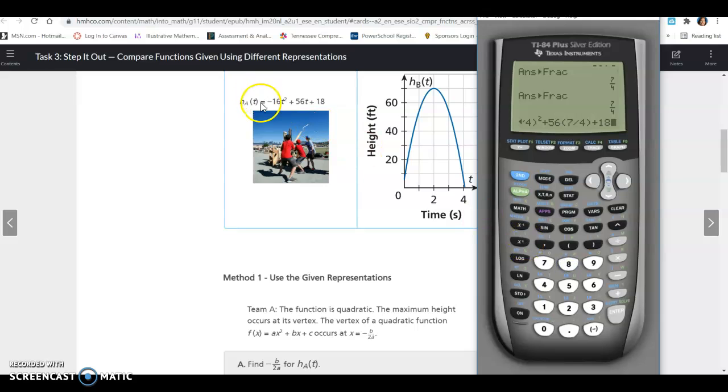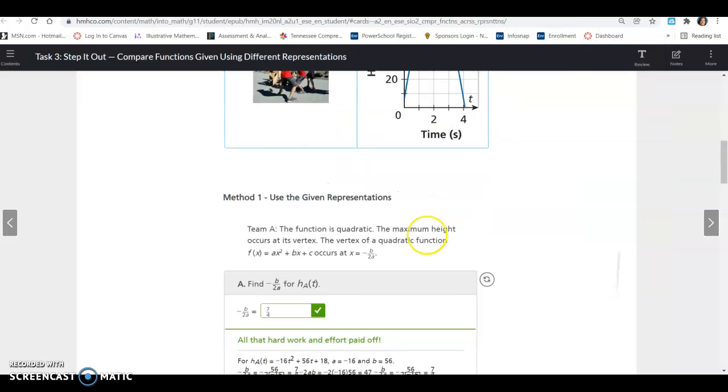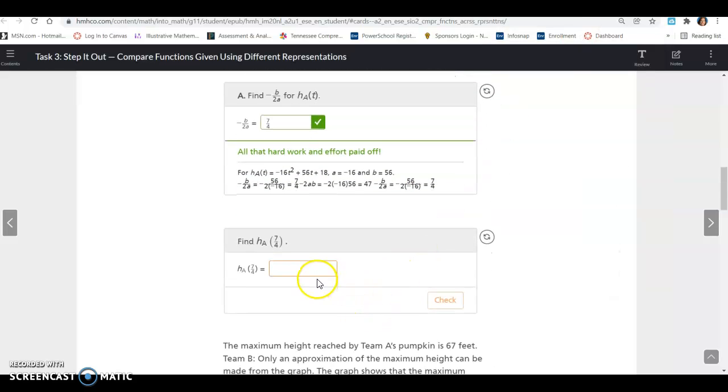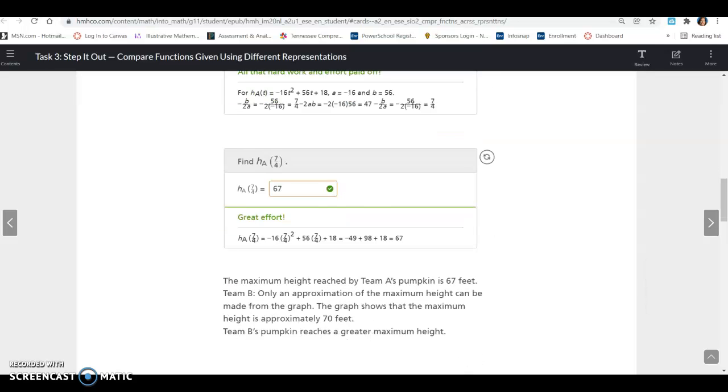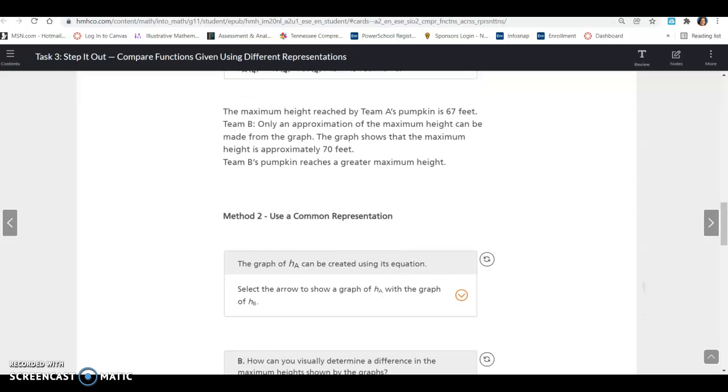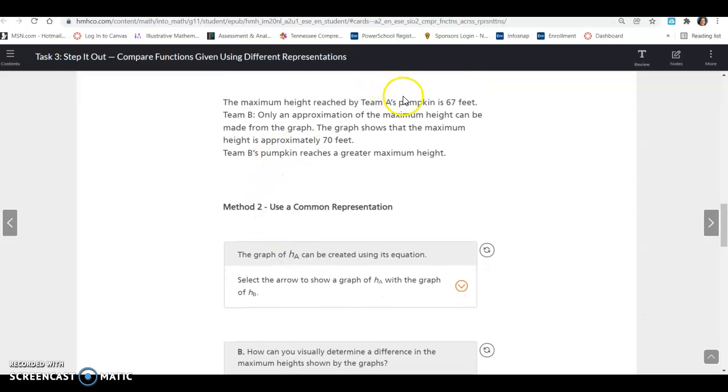All right, so all I'm doing is taking this equation here that's given, and I'm just substituting the x value that we just found for that. All right, so that gives us 67 for our y value. If you remember, 67 is the highest or lowest point for that parabola. All right, so it says the maximum height reached by Team A's pumpkin is 67 feet.